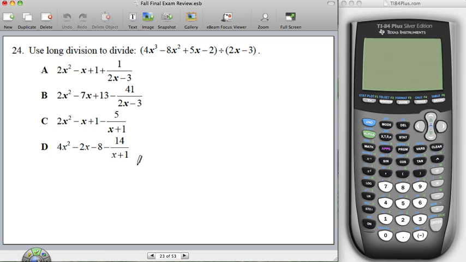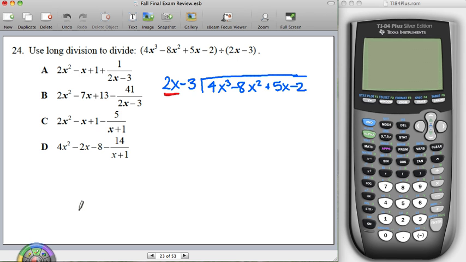For 24, use long division to divide 4x cubed minus 8x squared plus 5x minus 2. So I'm going to put my 2x minus 3 on the outside. On the inside, I'm going to put 4x cubed minus 8x squared plus 5x minus 2. I'm looking at my first term. So I'm thinking to myself, what times 2x is going to give me 4x cubed, and that's going to be 2x squared.